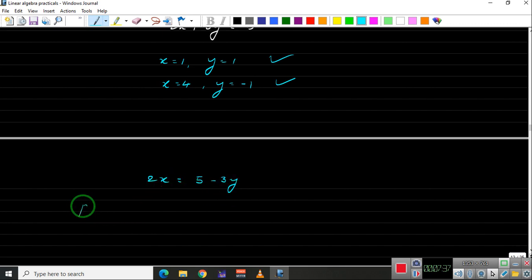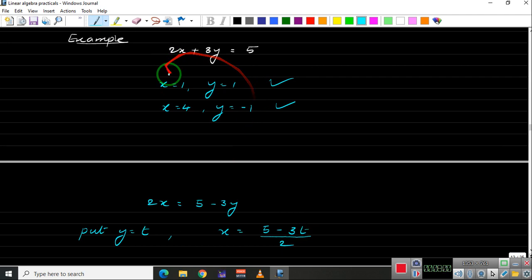So set y equals t. Then we get x equals 5 minus 3t upon 2. In that case, we will have infinitely many solutions. In fact, this will represent a straight line in 2 dimensions, so it will have infinitely many solutions.